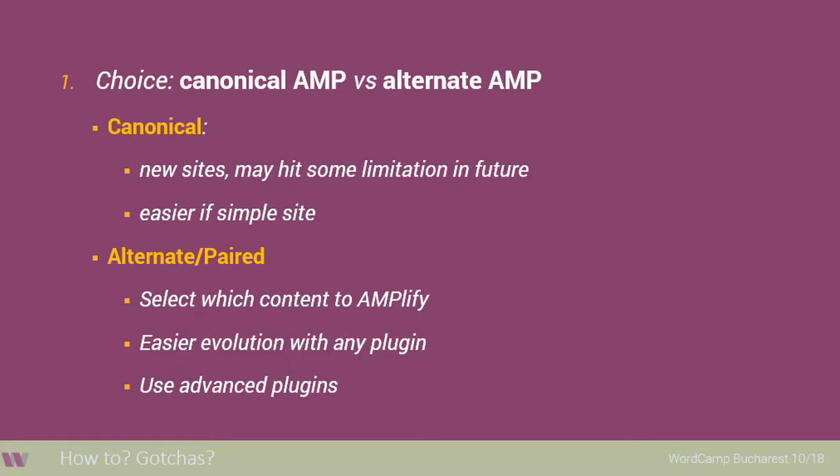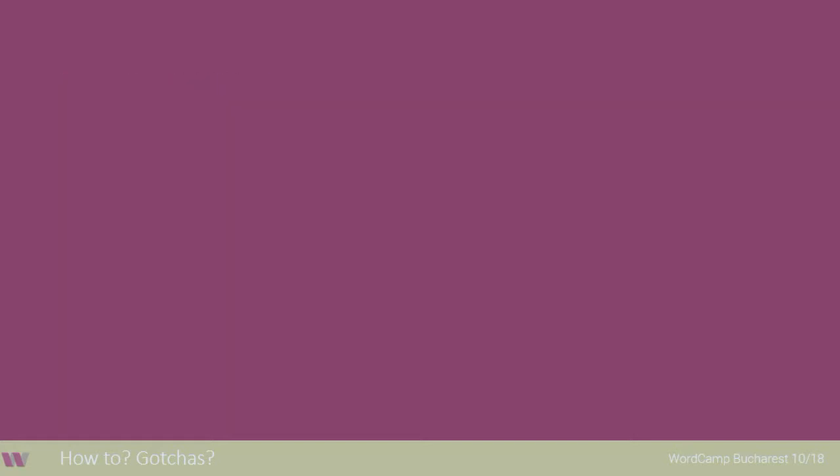And then for each page of the site, or some pages of the site, there's an AMP version that's created by the plugin. And this is the most common way because you can use all the plugins you want, all the themes and all of that, and you use them on your regular site, but the AMP version is like an alternate version that Google, Twitter, and others can use. So that's the key decision to make first.